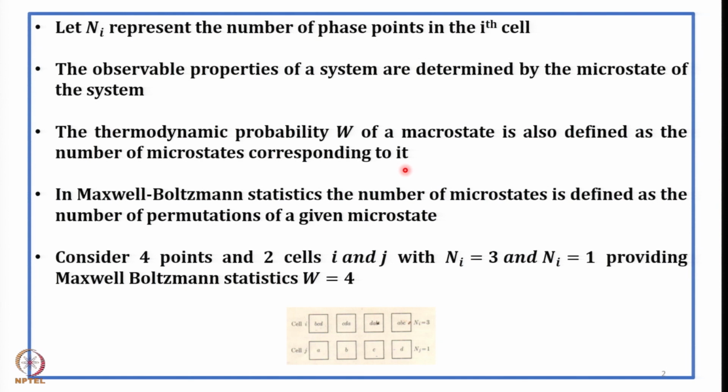Let us try to discuss in terms of an example. Let us consider these cells, cell I and cell J, and let us say we have four phase points, A, B, C, D. Although I am saying A, B, C, D, and we can distinguish the letters, let us assume that these are atoms, molecules, phase points which cannot be distinguished from each other.